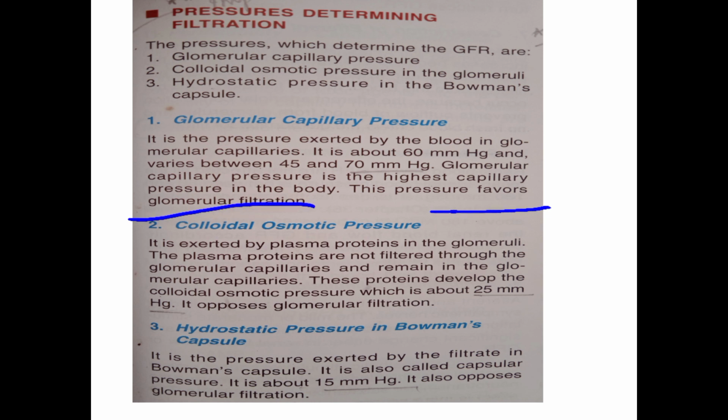Just remember the names of these three pressures and how much each is. That means if the glomerular capillary pressure increases, more filtration takes place. That is how it favors glomerular filtration.